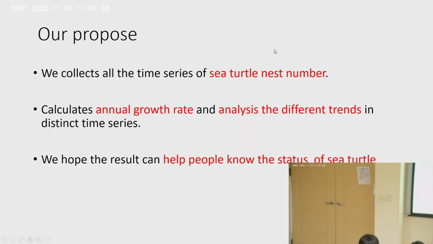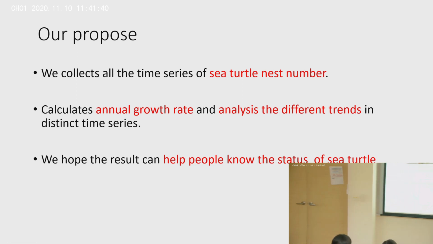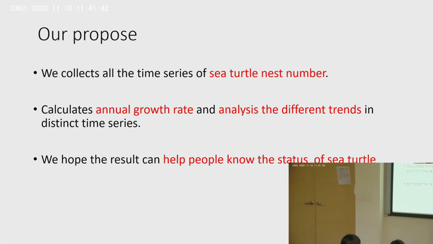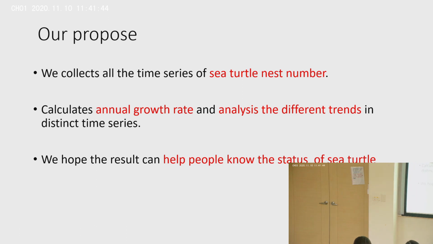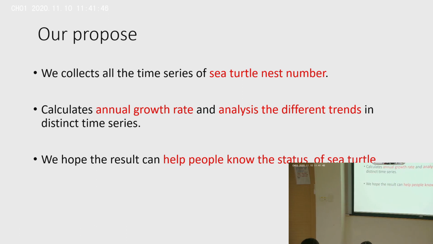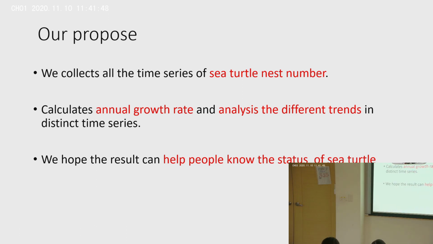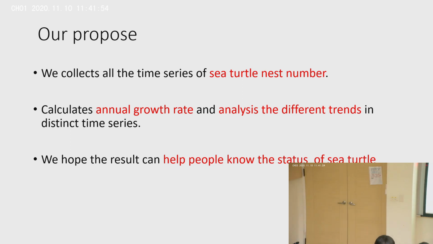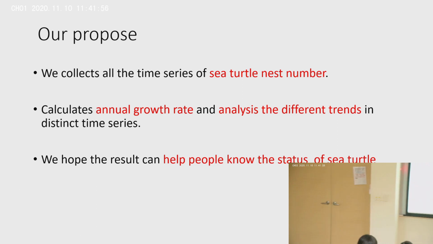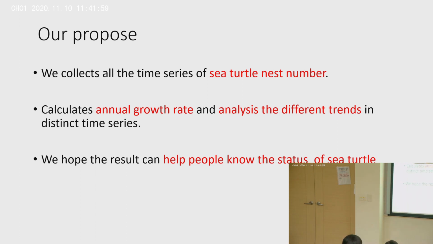Our purpose is to collect all the time series of sea turtle nest numbers, calculate the annual growth rate, and analyze the different trends in these time series. We hope the result can help people know the status of sea turtles.